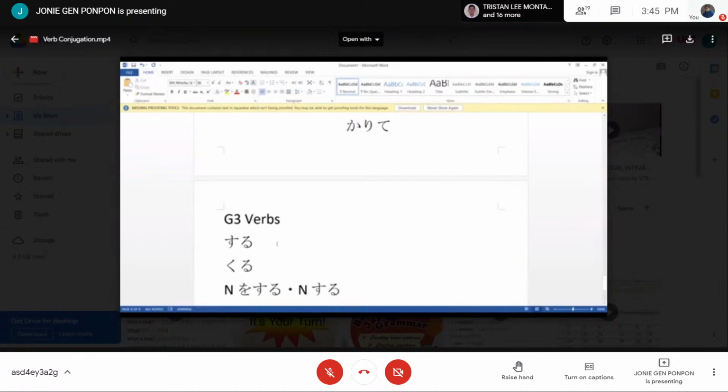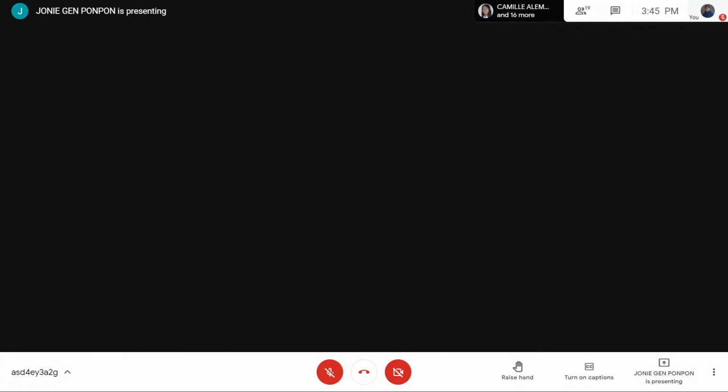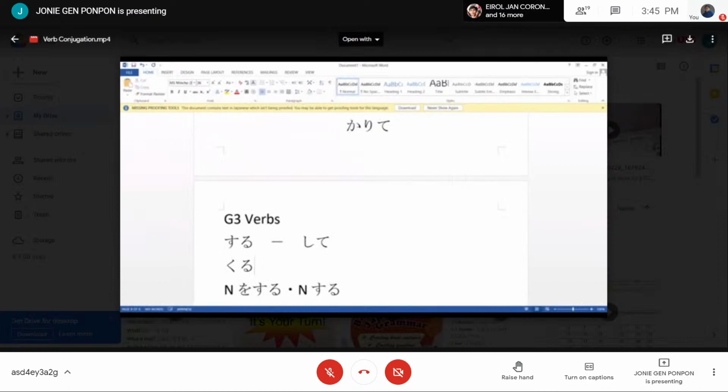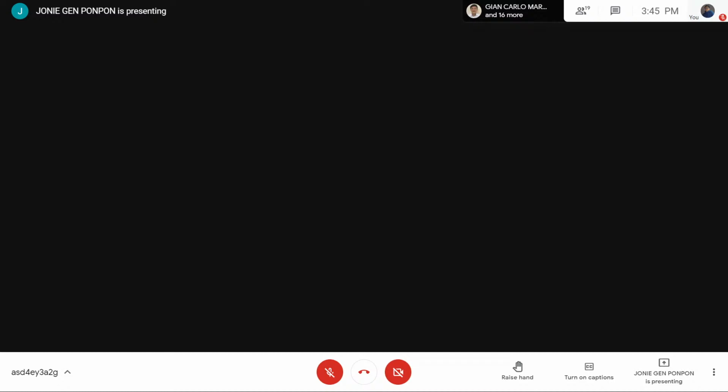For suru, the te equivalent is shite. Now for kuru, the equivalent te form of this is kite.